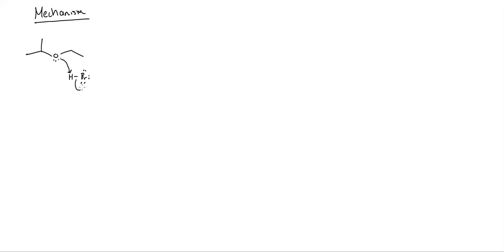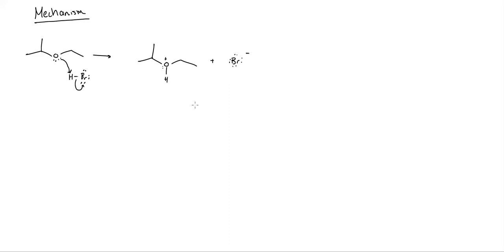So it takes the H off, and then that bond leaves. Now what that gives us is an oxygen that's protonated, so it has a positive charge. And then I also get Br minus.